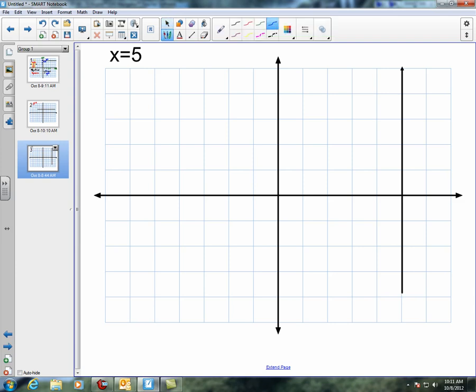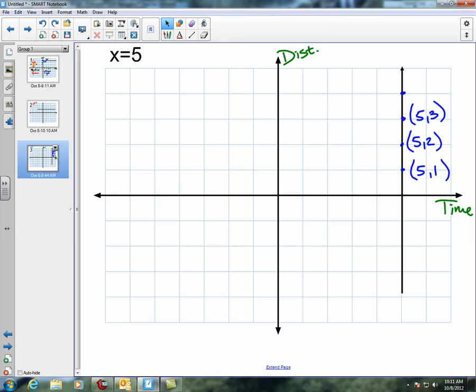And that's because this line is telling me that this point right here is 5, 1. This point right here is 5, 2, and then 5, 3. So if x-axis is time and y-axis is distance, then it's saying that, for example, at 5 seconds into the data collection, they were 1 foot away.